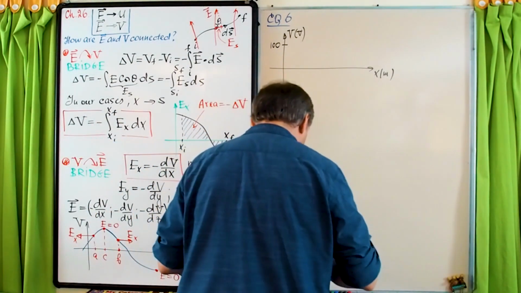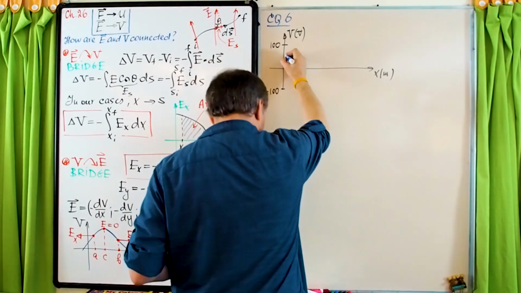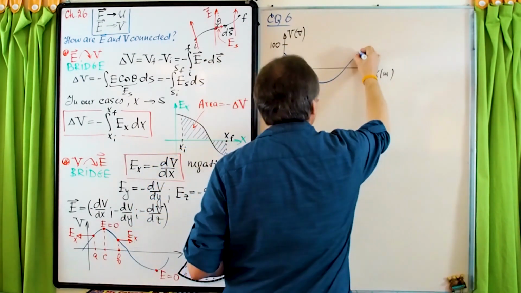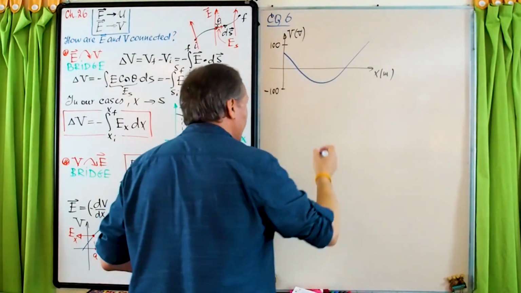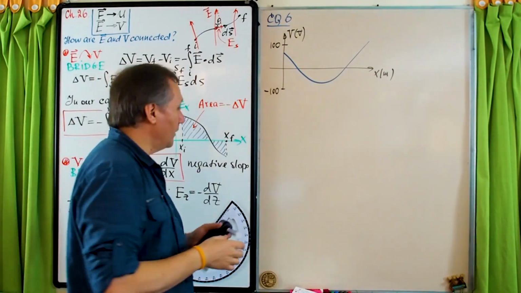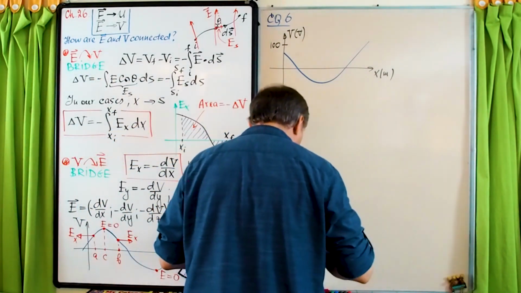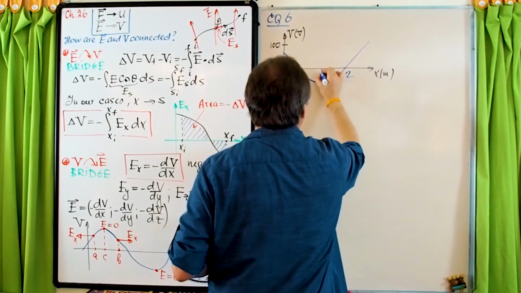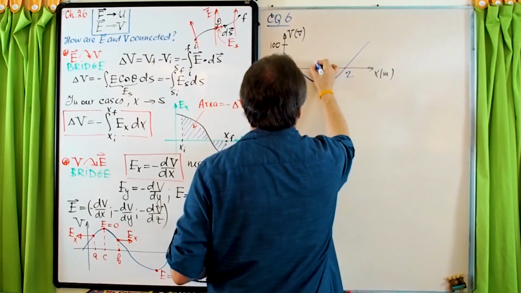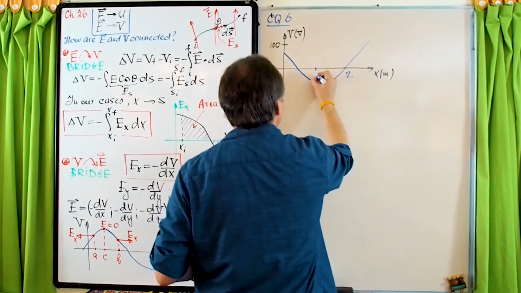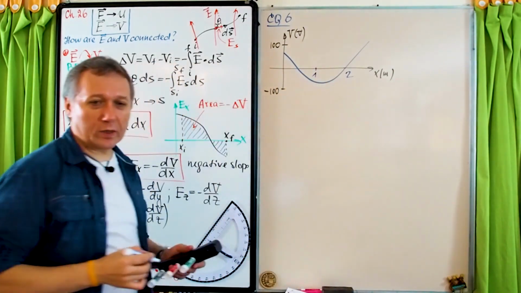Let's say the plot is like this, and let's say this is point 1 and this is point 2.